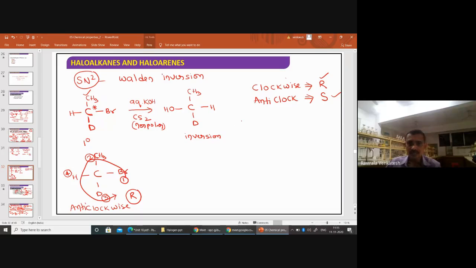This note is very important. Generally it is not useful for you, but in the textbook they give retention of configuration, which is why I'm explaining this. Otherwise, it will most probably be useful in the NEET examination.